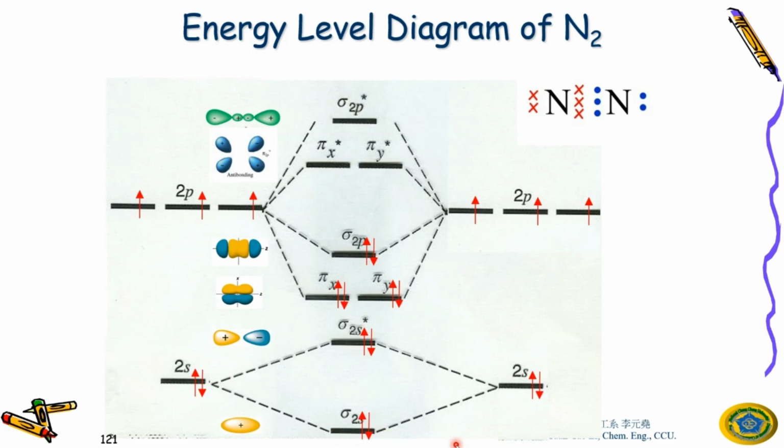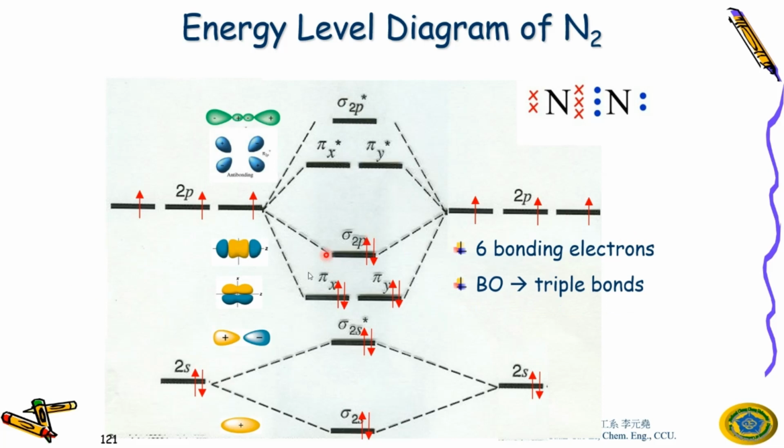Okay, how about bond order? Can you tell me the bond order? Here you know there are 3 bonds, so the bond order will be 3, right? Can you tell me how to do the calculation?